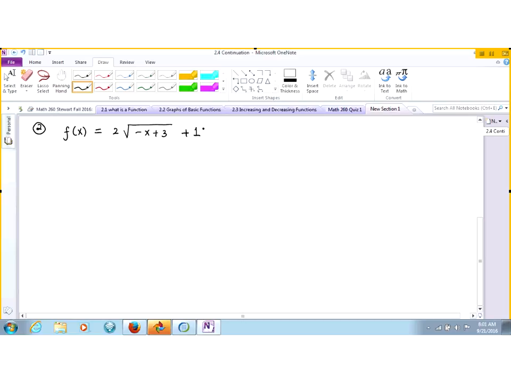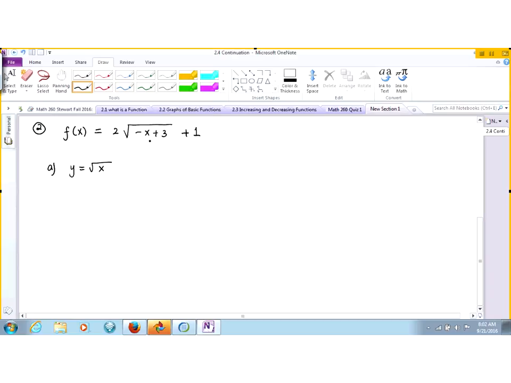Now, let's think about this. What am I supposed to do? So, what is my basic function? Square root of x, yes. So A, basic function, y equals square root of x. But what is different here? Do I have square root of x?